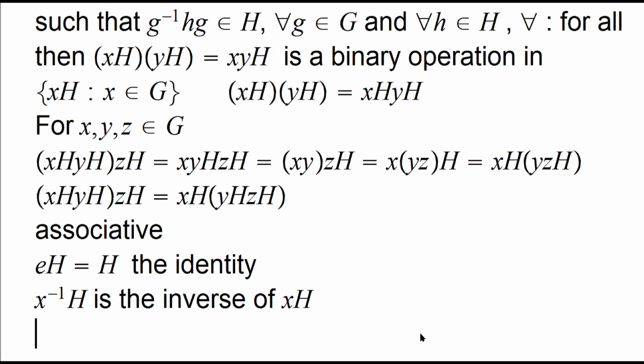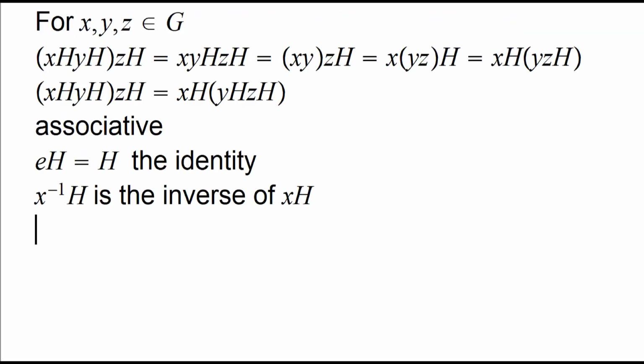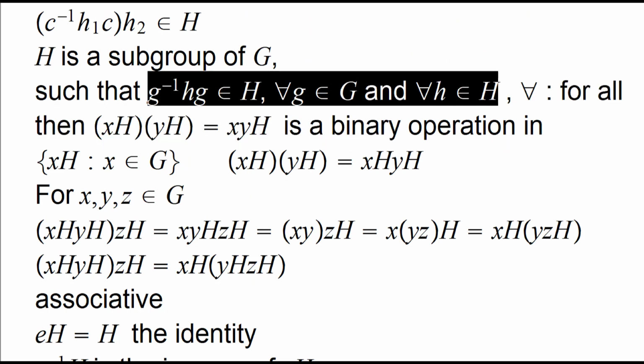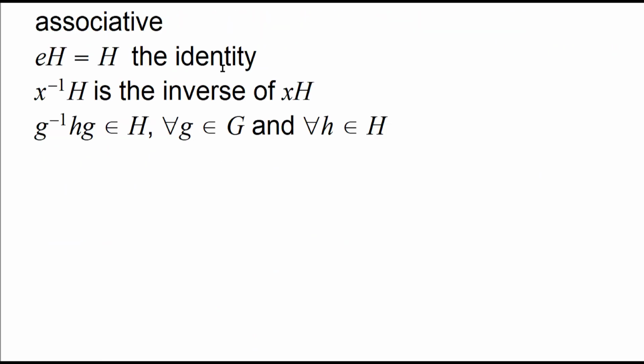And actually, what the book shows is this, and it does the proof very nicely, so I'm not going to repeat it for you, that if we have this, then what will happen is this, that if you take GH, that is the left coset by G of H, then that is the same as the coset obtained by multiplying this G on the right. So you will call this the right coset.